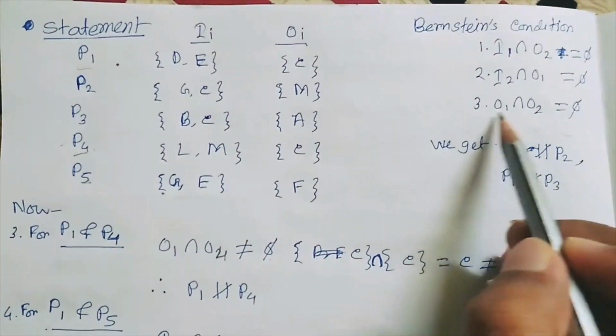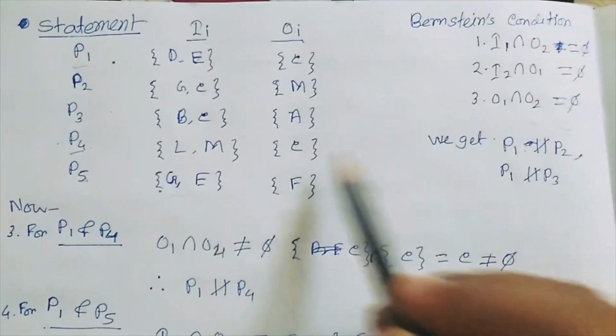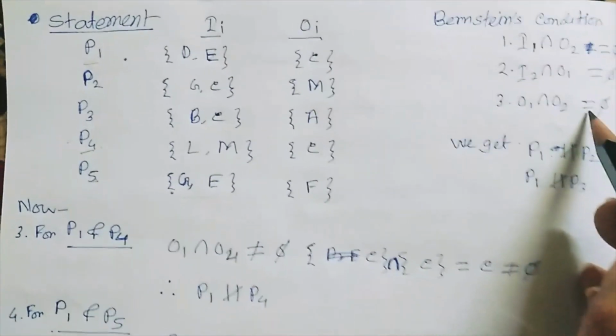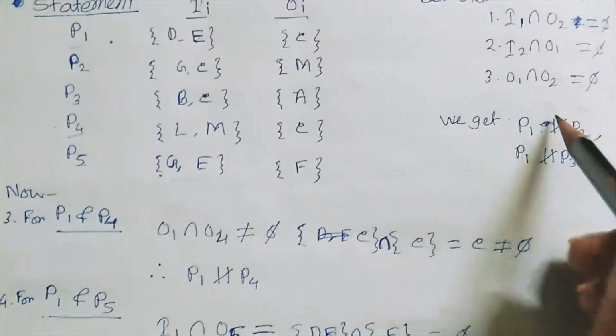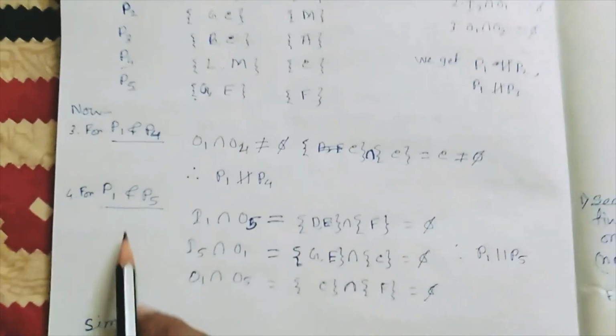But in the third condition, the output sets of P1 and P4 have a common element, so their intersection is not equal to null. So P1 and P4 are not parallel.